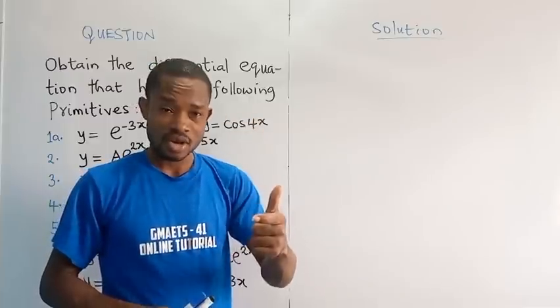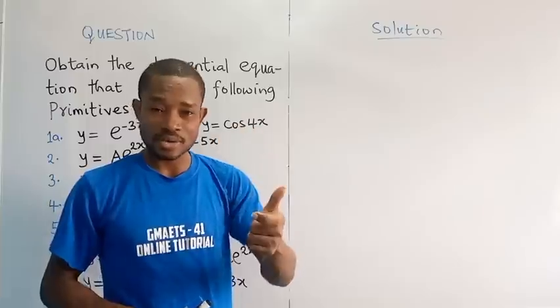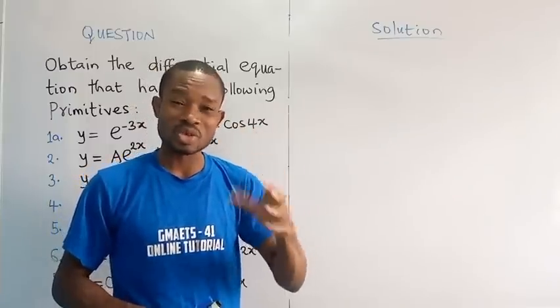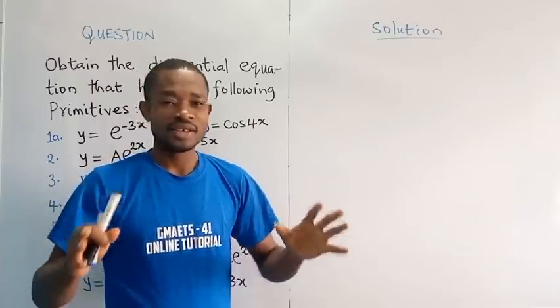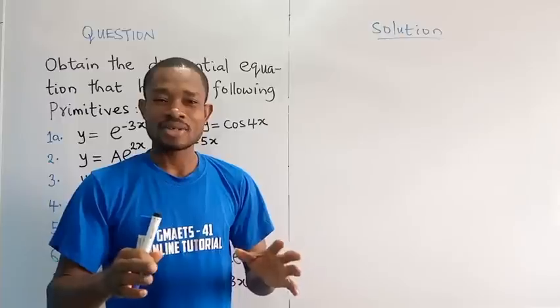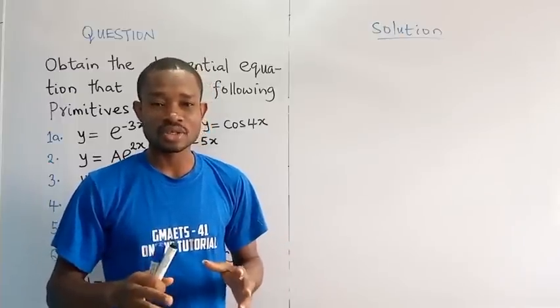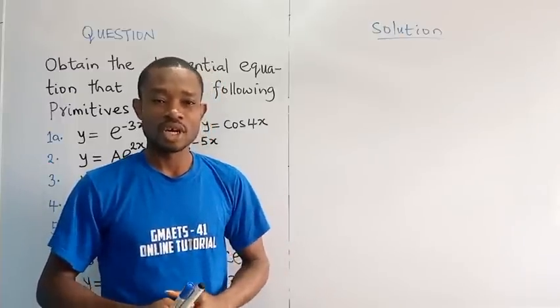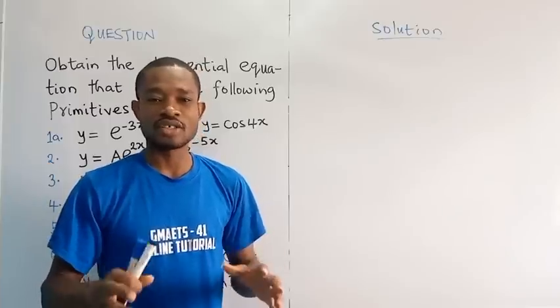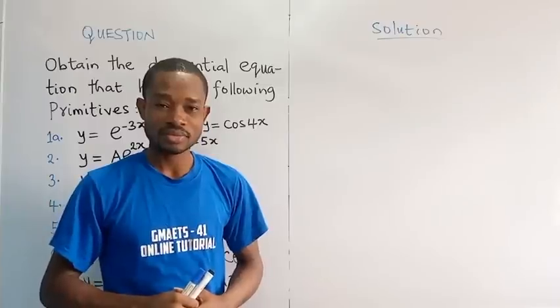Because with the roots of this quadratic equation called the auxiliary equation, the zeros of this equation, you can easily write out the primitive, the general solution, the complementary function of this given homogeneous second order ordinary differential equation.